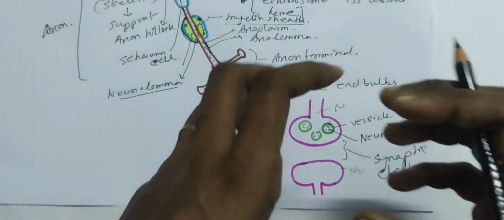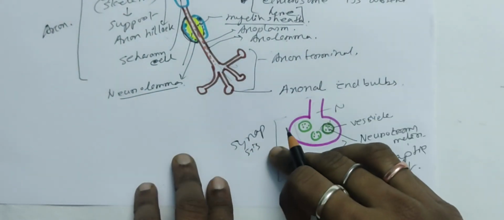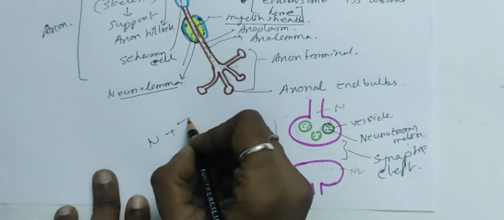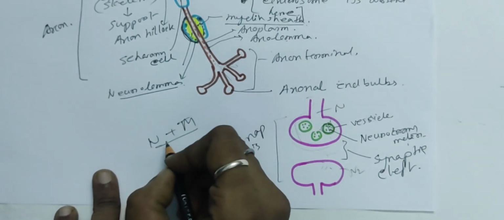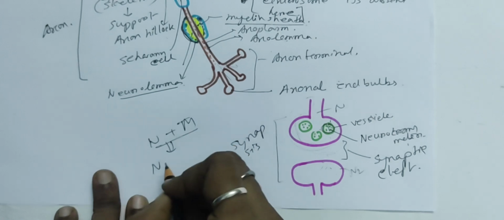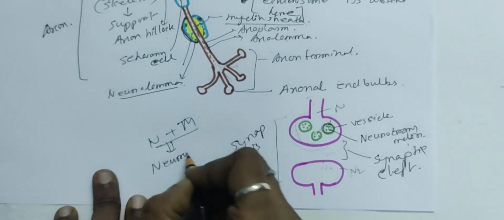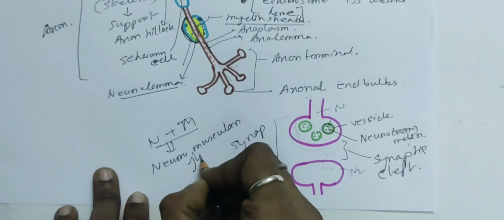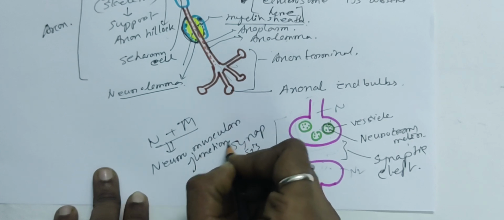Whenever two neurons form a junction, that is called the synapsis. And when a neuron forms a junction with a muscle, that is called the neuromuscular junction.